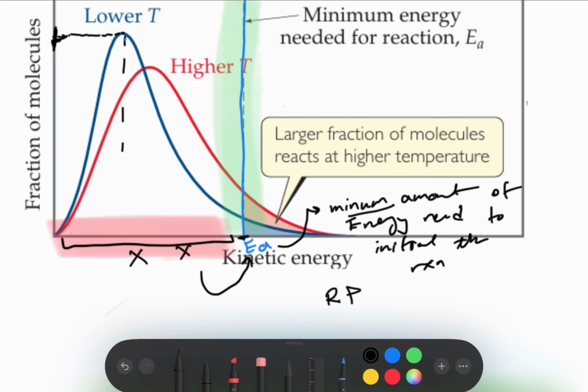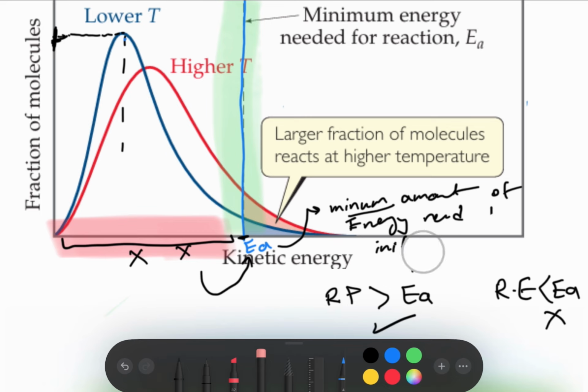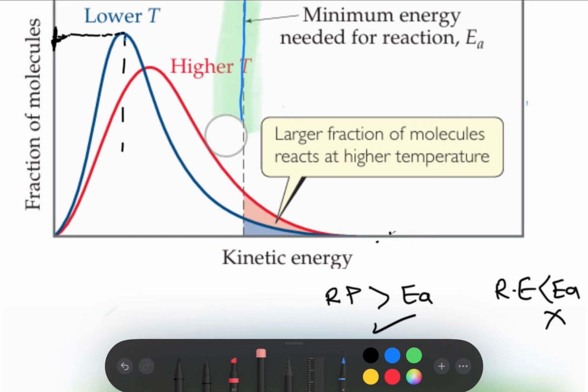Reacting particles should have energy greater than the activation energy in order to overcome the wall of energy, and that's why they start the reaction. So if the reacting particles have energy less than the activation energy, no reaction will take place, but here it will take place. Where do we find the particles with energy greater or less than it?